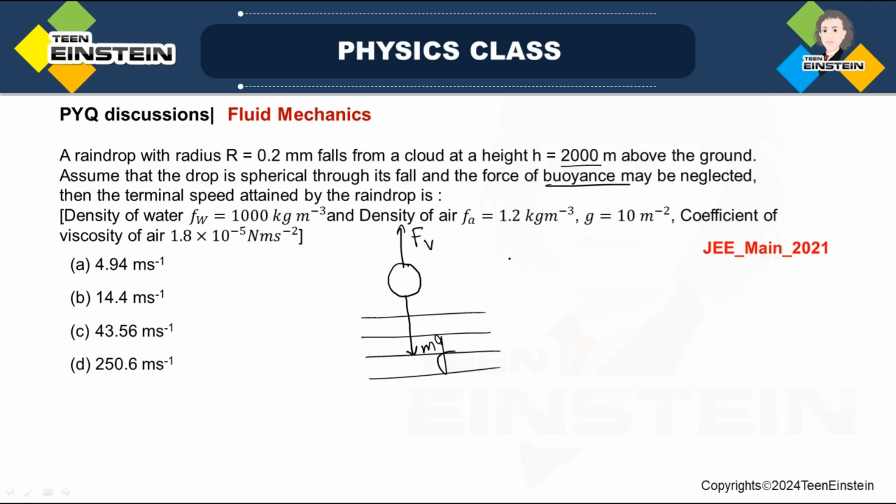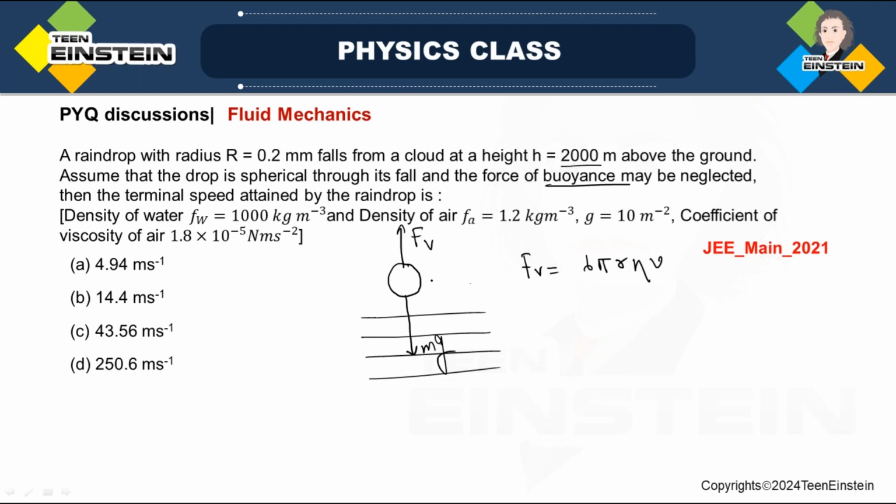So by Stokes' law, we know the viscous force is given by 6 pi r into eta, the coefficient of viscosity, and v. So this v is actually the terminal velocity. As this drop falls through the atmosphere, it is actually gaining more and more velocity.